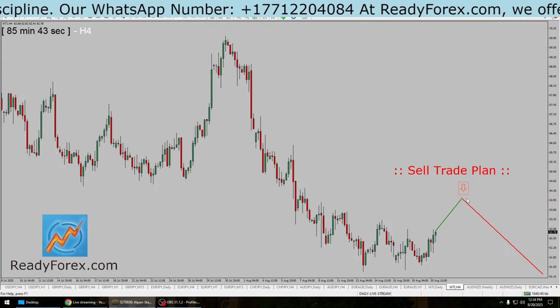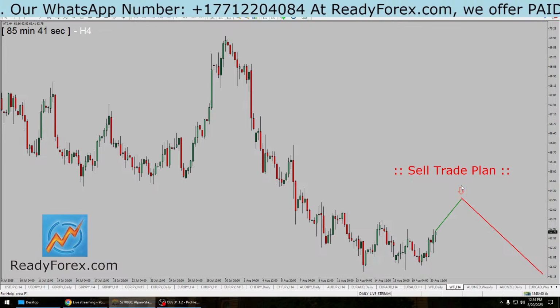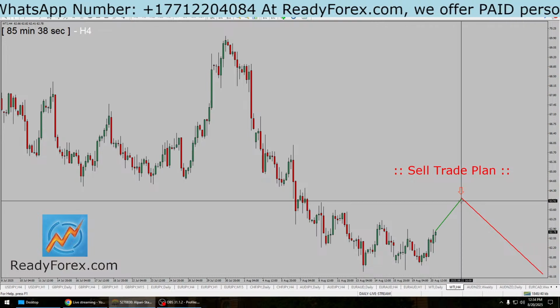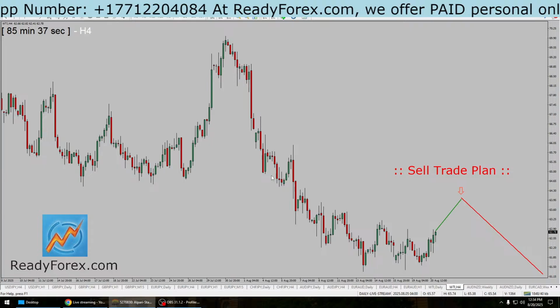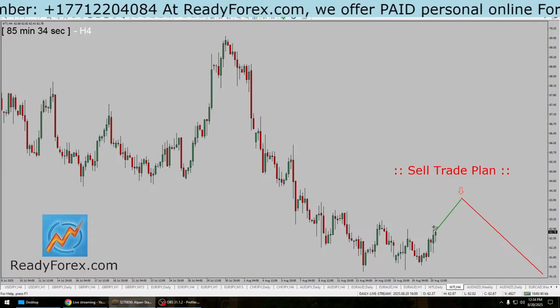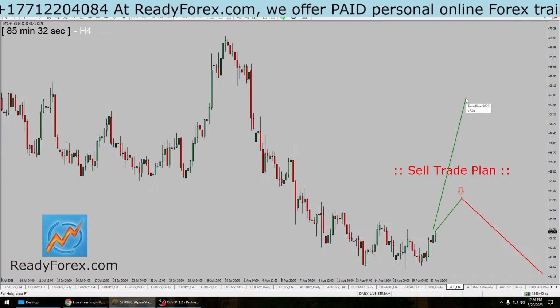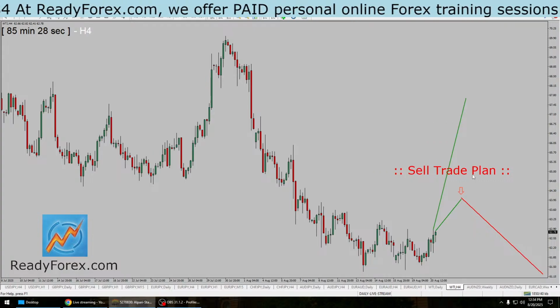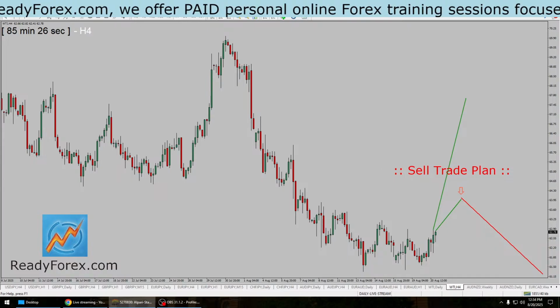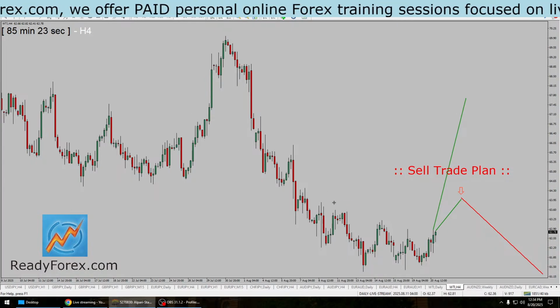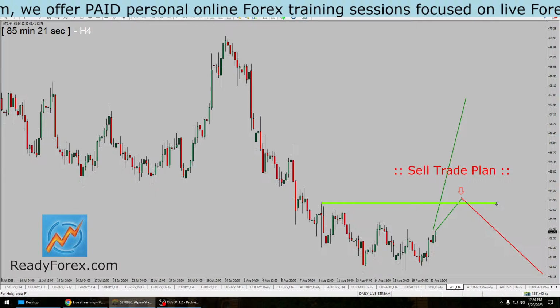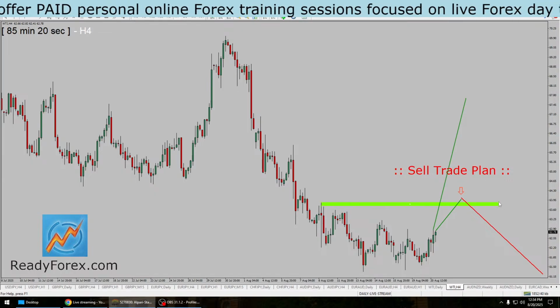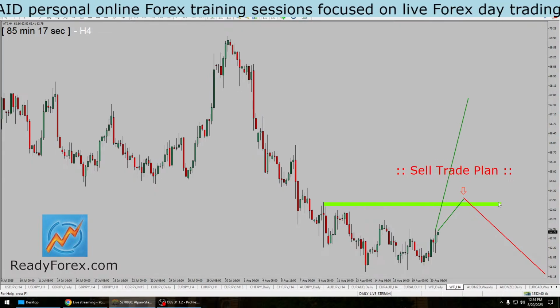So wait for a bullish leg first, then use your own day trading strategies. If you do get a reaction, sometimes price just goes up like this, and if you try to sell, you're obviously going to lose money. So what I'm saying is wait for the market to rise up. This is the resistance level up over here. Okay, so this is the area.